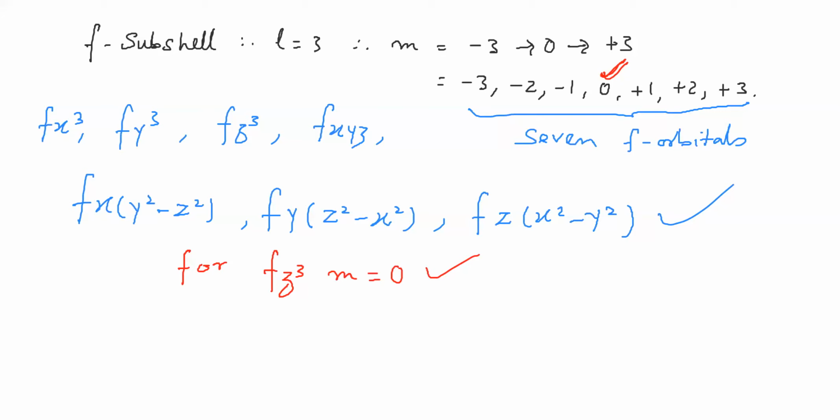Okay. So next and the last quantum number, that is our spin quantum number, the fourth one. Spin quantum number is actually not obtained from the solution of Schrodinger wave equation. It is given separately, represented by small m s, and it was given by Goudsmit and Uhlenbeck.